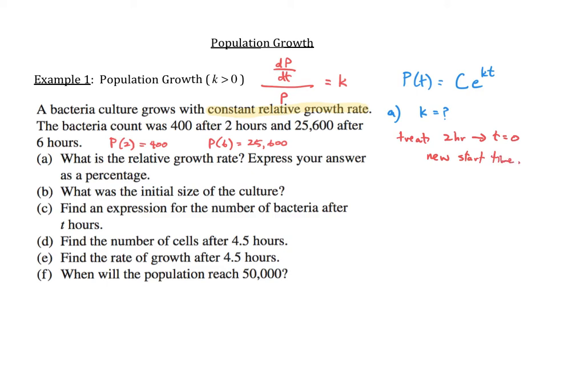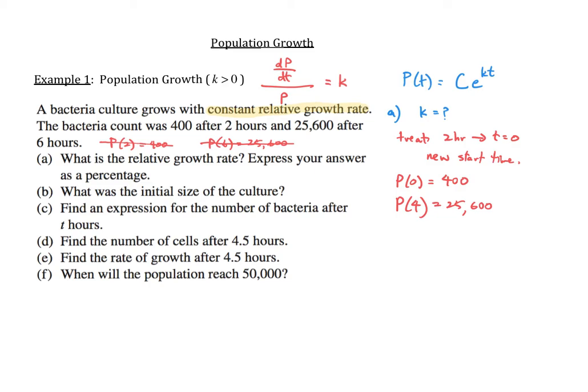Then my P of 0 becomes 400, and my P of 4 becomes 25,600.